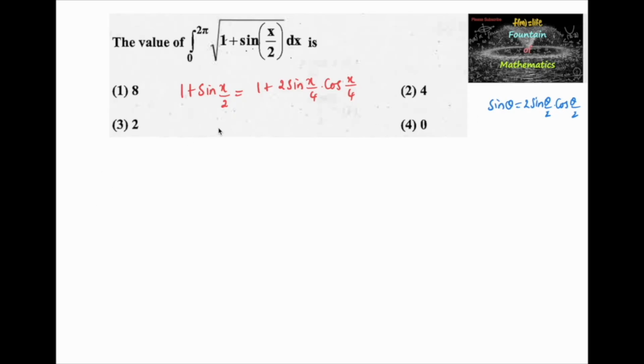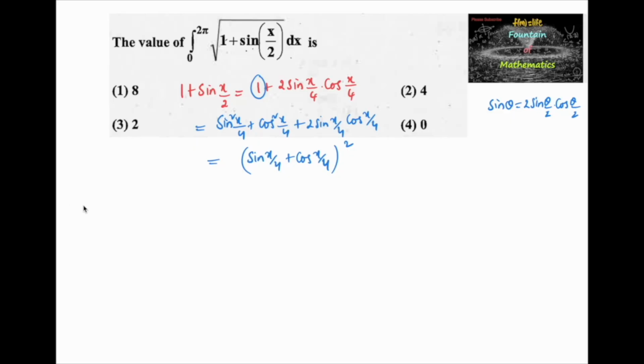And here we can also write 1 as sin square x by 4 plus cos square x by 4 plus 2 sin x by 4 into cos x by 4, which is in the form (sin x by 4 plus cos x by 4) whole square.